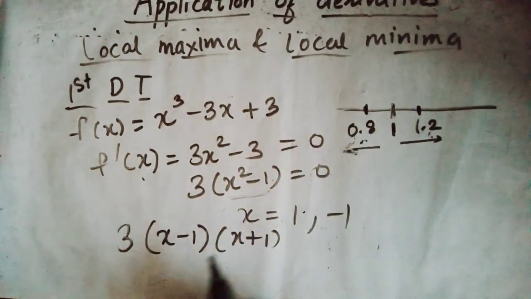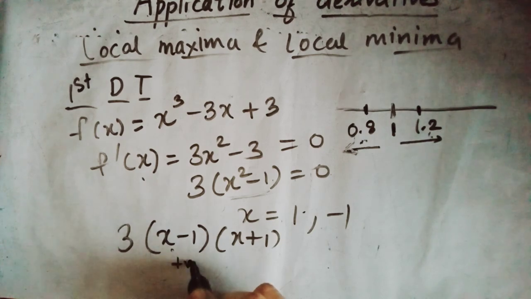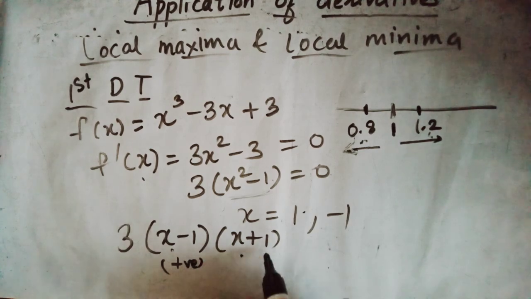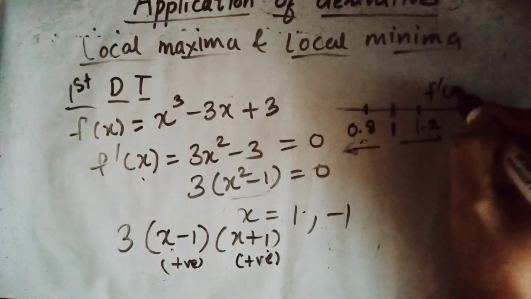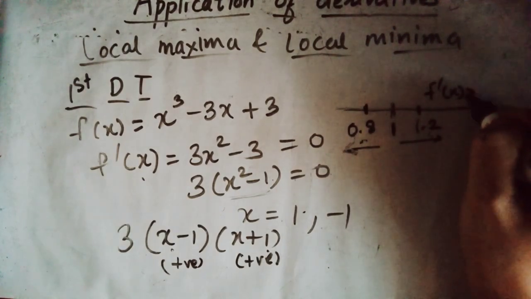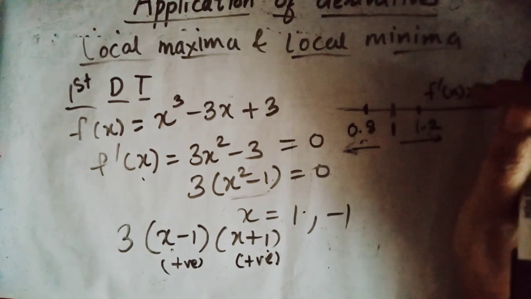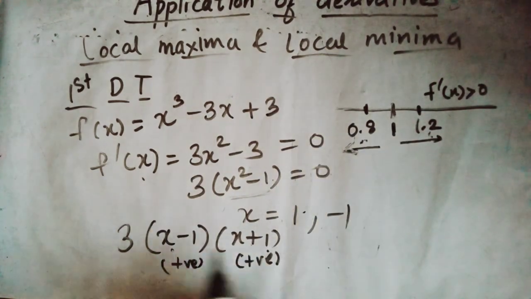So if I put 1.2 here, this will be positive, and 1.2 plus 1 will also be positive. So f dash of x is greater than 0. You have to put 1.2 in both factors: 1.2 minus 1 is positive and this is also positive.